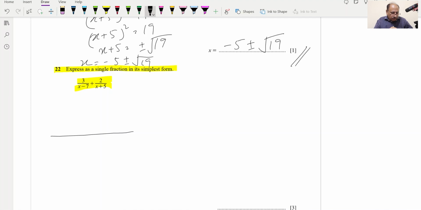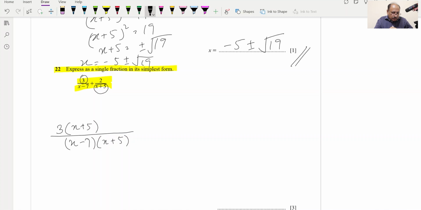Whatever denominator we can copy over here, and with multiplication we'll put brackets, and now this 3 multiplied by this x plus 5, so we can write over here.